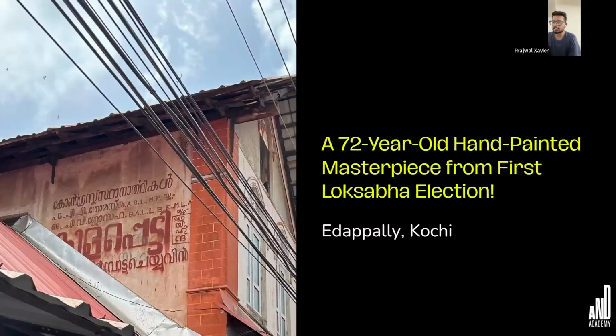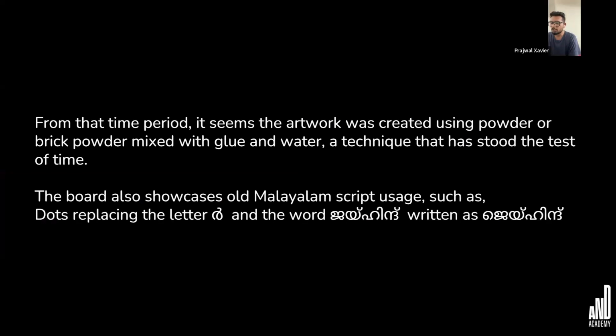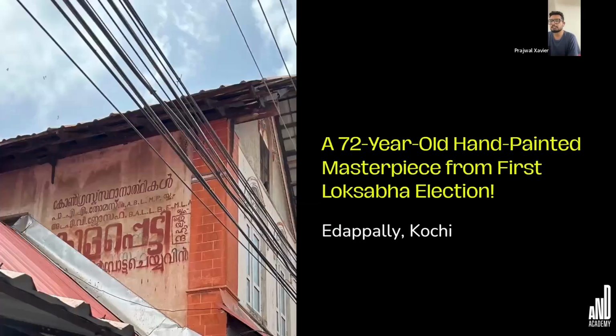I mean, not fonts, the usage. This was done not with paint. This was done with some powders and gums and all. It was mixed, and they applied it on the wall with a brush.